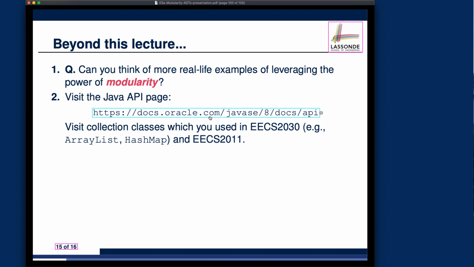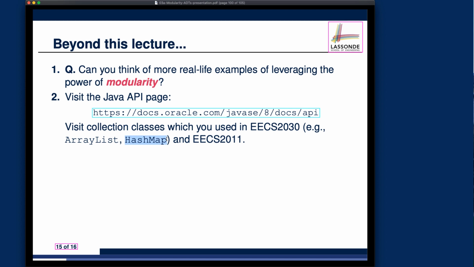Number two, I encourage you to visit the Java API page. I include a link over here. Just click on that and visit some collection classes, ArrayList or HashMap. The only example I show you in the lecture notes is the set method in the List class. So now go to ArrayList and go to HashMap. Try to look at the more complicated operations or methods over there, and look at the method summary or method detail view, and see whether the informal description they gave there is really complete and precise.